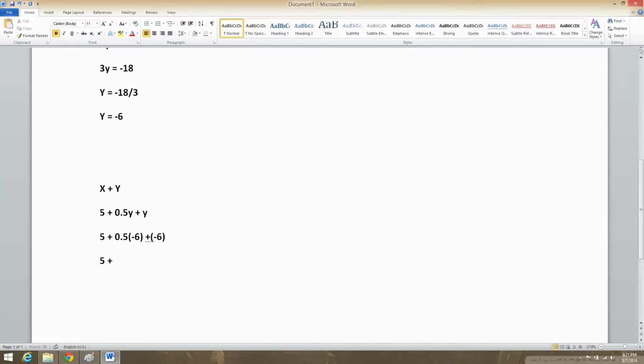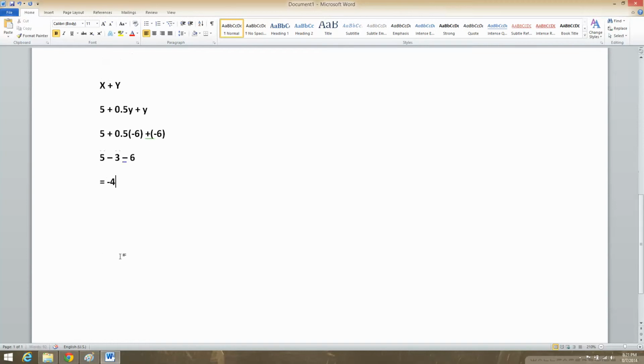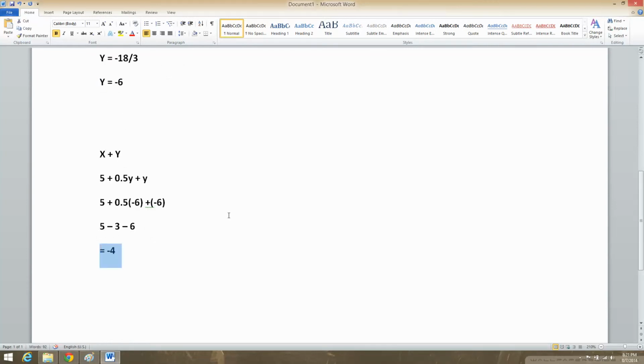From there, it's just math. 0.5 times negative 6 is equal to 6 divided by 2, so it ends up being negative 3. So 5 minus 3, and since adding a negative turns into subtraction, minus 6. And the answer to that is negative 4. So the final answer, x plus y, is going to be negative 4.